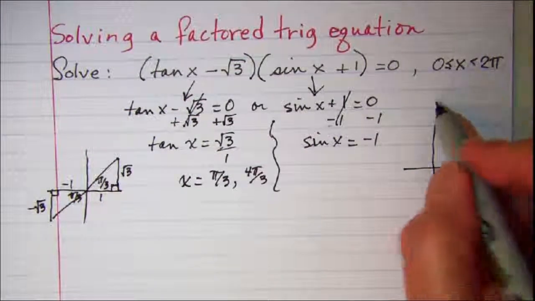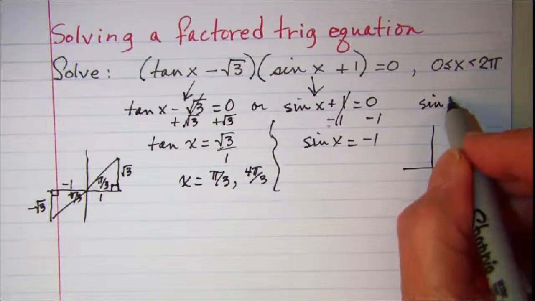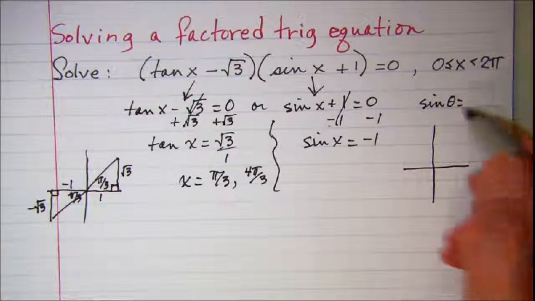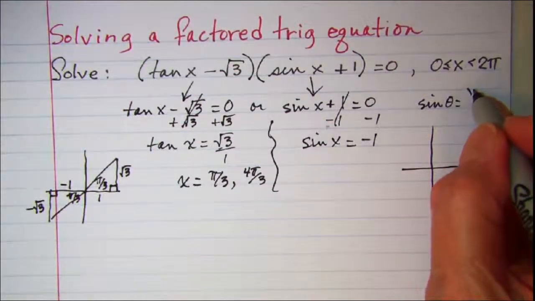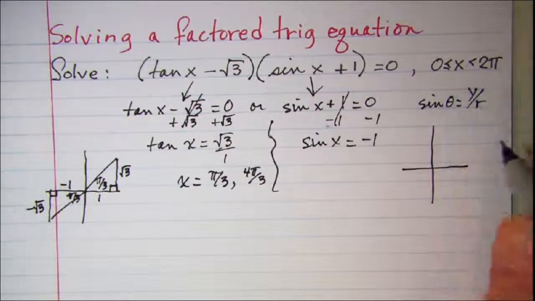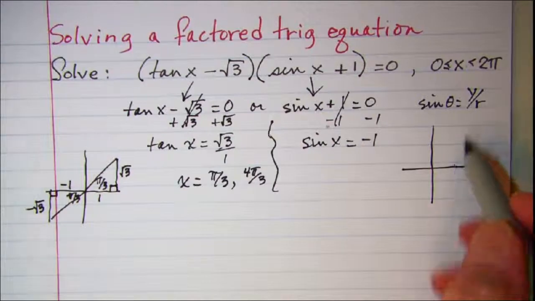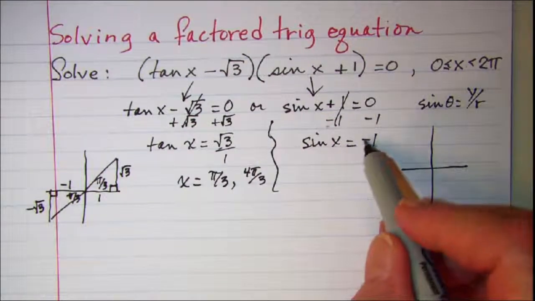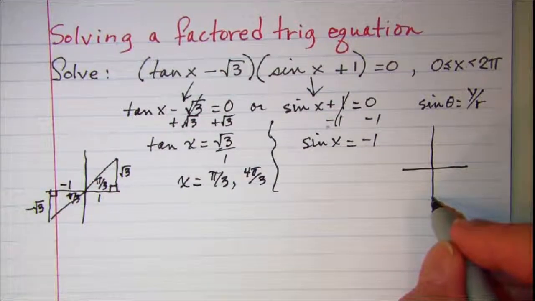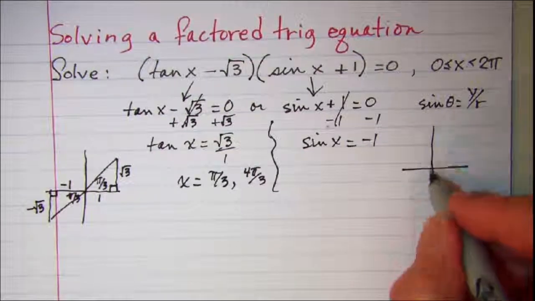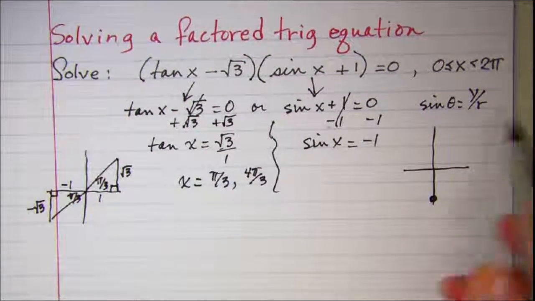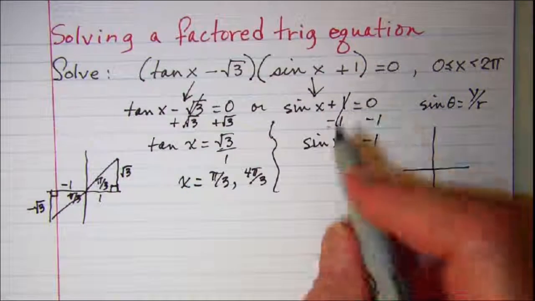We know that sine on our quadrantal angles is defined as y over r. So for the unit circle, r is 1, so my y value has to be a negative 1. The angle then that I'm going to have is right here, which is 3 pi over 2.